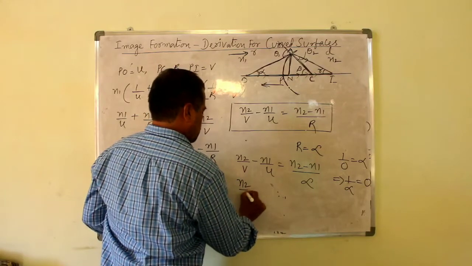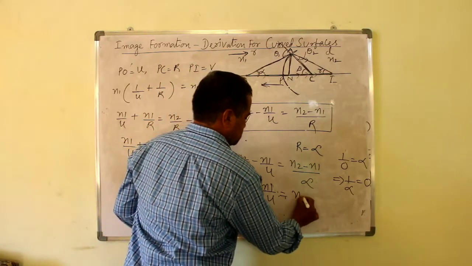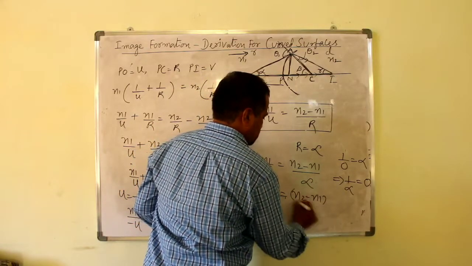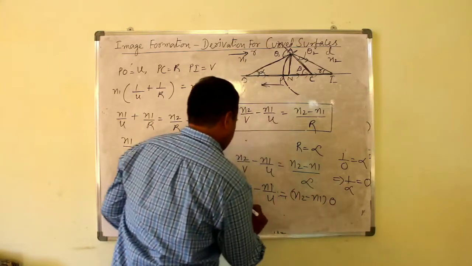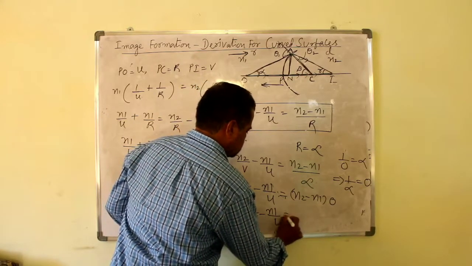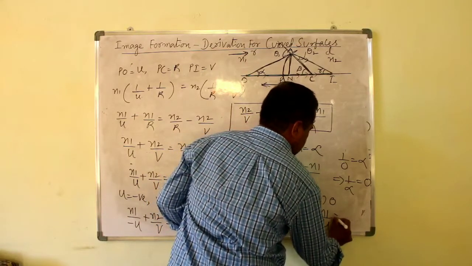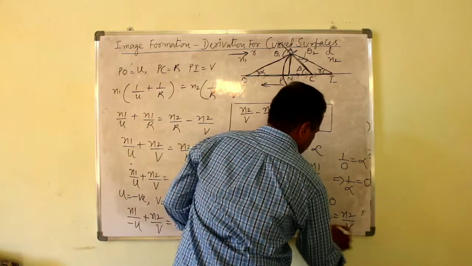So n2 by v minus n1 by u is equal to (n2 minus n1) into 0, which is 0. It can be written as n1 by u is equal to n2 by v.